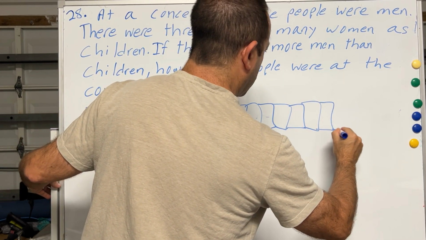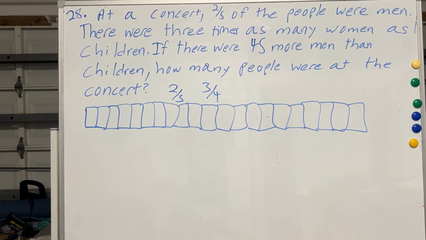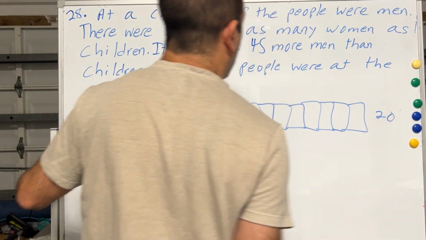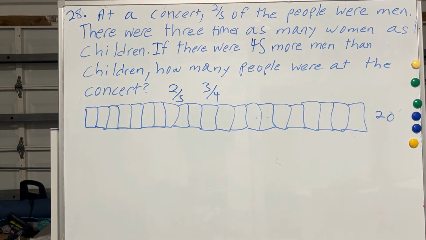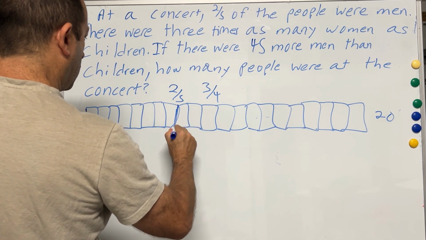I'm getting sloppier with my boxes. All right. At a concert, 2/5 of the people were men. So we've got 20 over here. Well, 1/5 of 20 is 4. Therefore, 2/5 of 20 is 8. So we're going to make a mark over here.